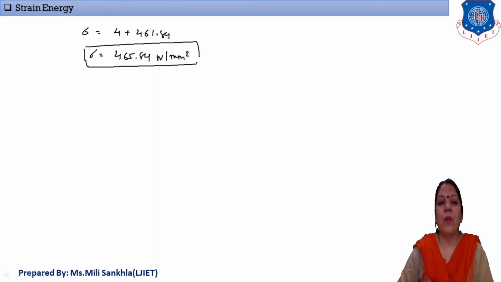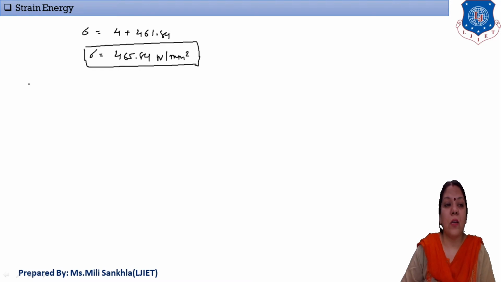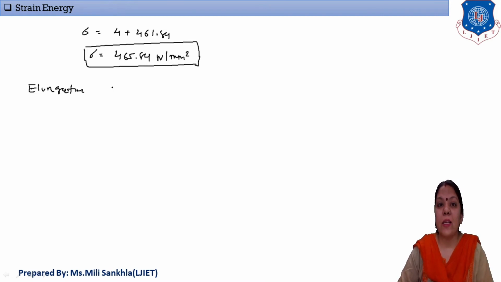Second, we find out elongation. Now what is the equation? Elongation delta L is equal to sigma L by E. Now one by one put the values.